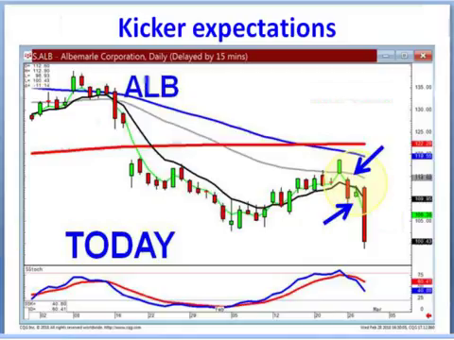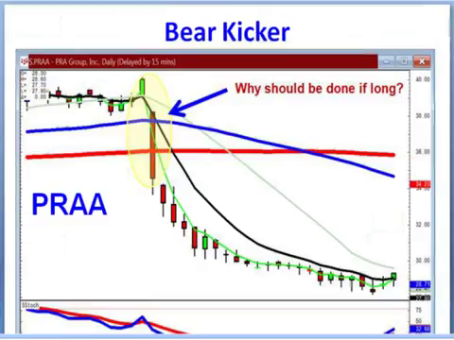Is there a kicker on AABA 6 days ago? Okay, was that one of the ones we looked at here? And which one were you looking at before on PRRA? What was the question on PRRA?